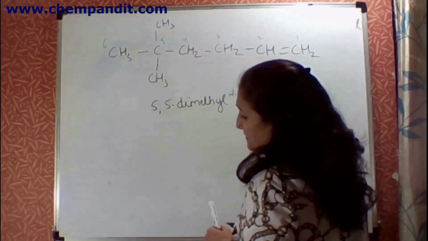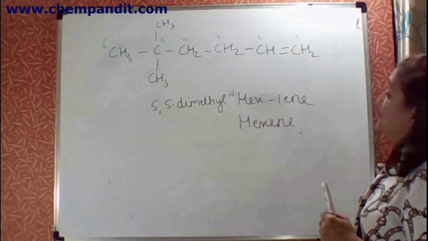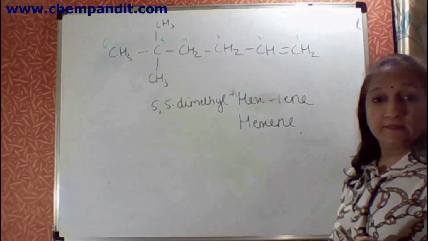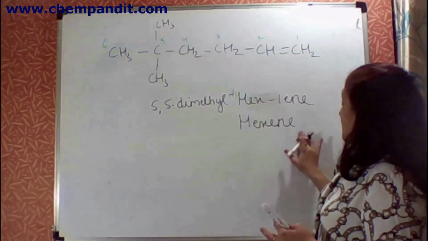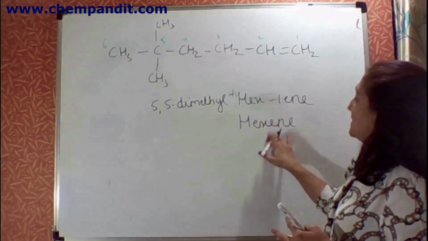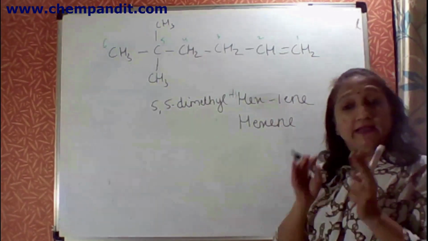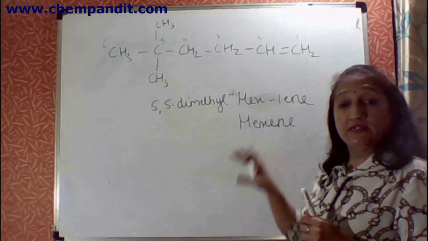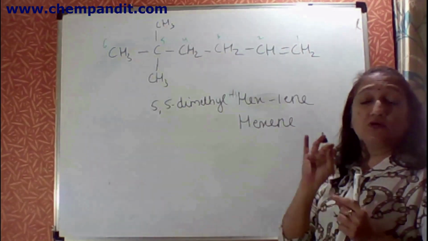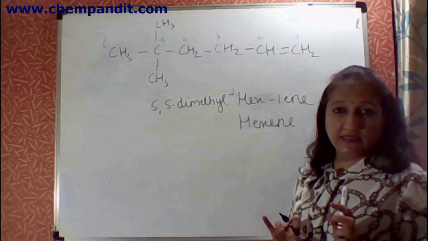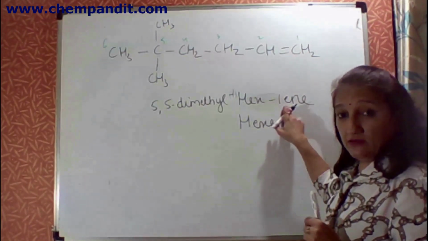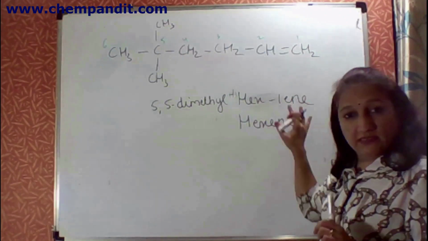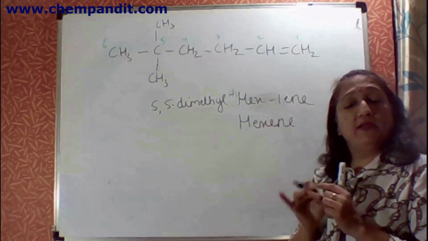Why am I saying this? Because you already know that if the position of the double bond is not mentioned, it is automatically understood that the multiple bond is present on the first carbon atom. Clear? So whenever the multiple bond is present on carbon number 1, you can mention the number, or you may not write it.